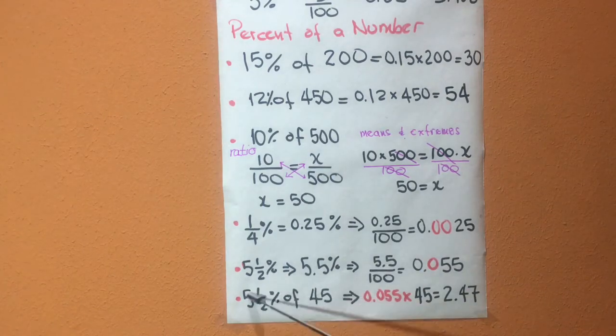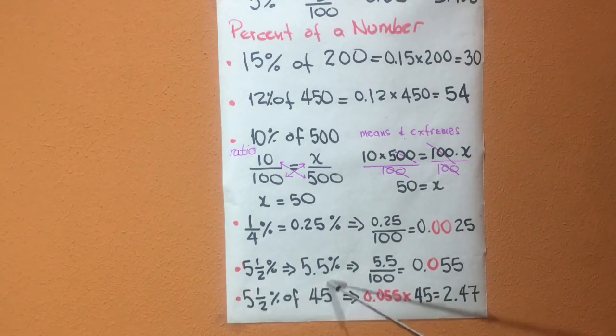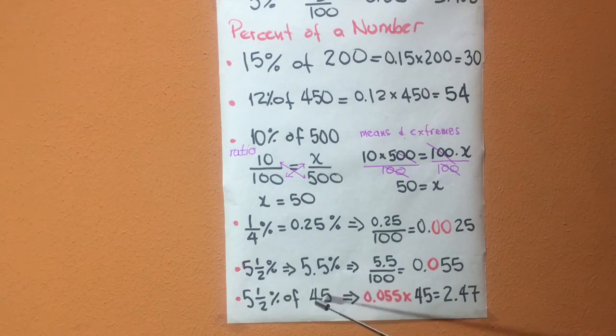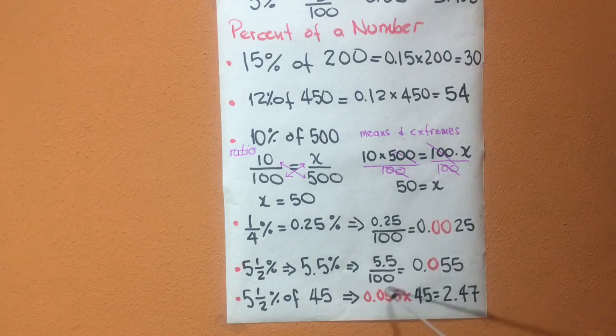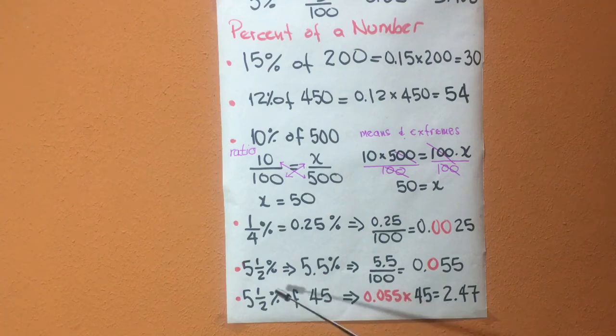So, to find 5.5% of 45, it's just simple to multiply the decimal form times the number. And if you do this multiplication, the answer will be that the 5.5% of 45 is 2.475.